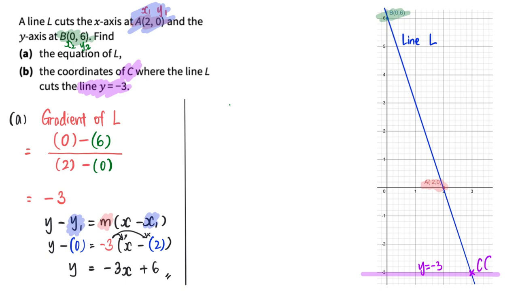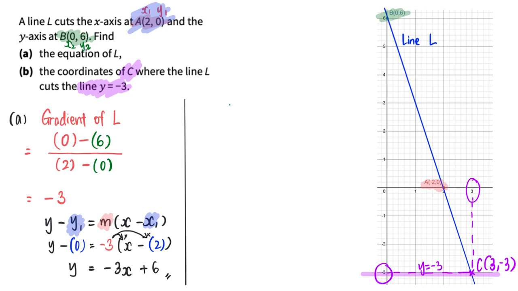Well, the x value as I go through is 3. The y value is from the line y equals minus 3. So for this particular question, we would be able to get the coordinates of C easily, from the diagram itself.